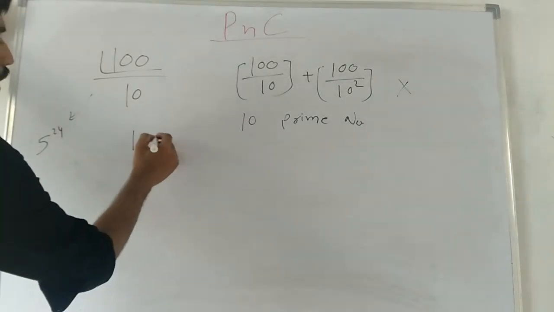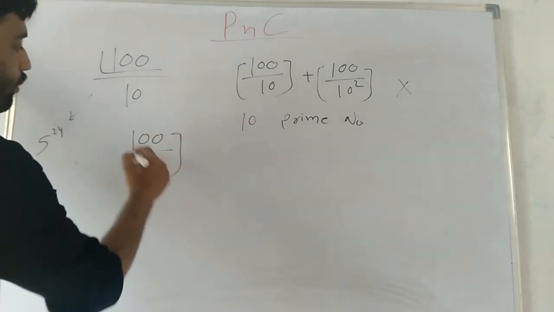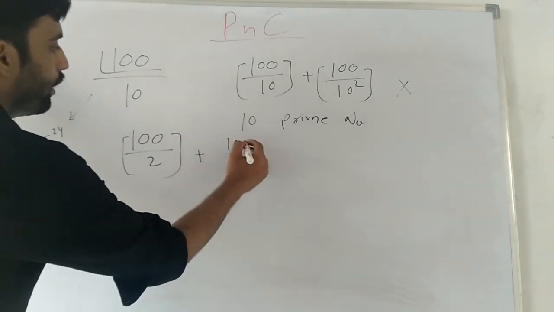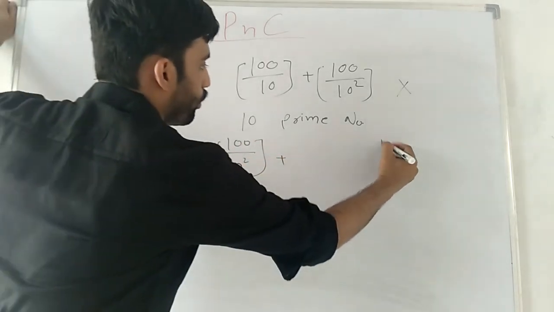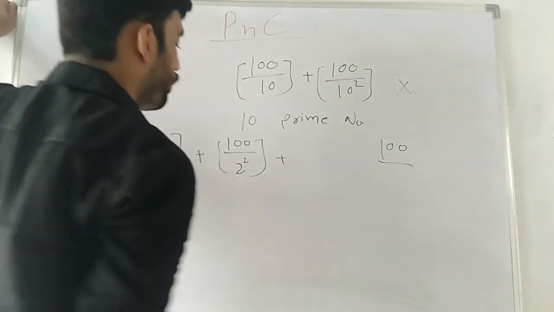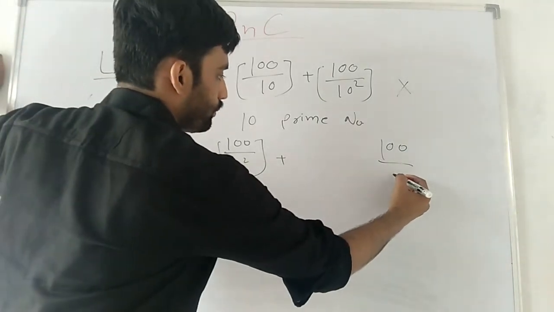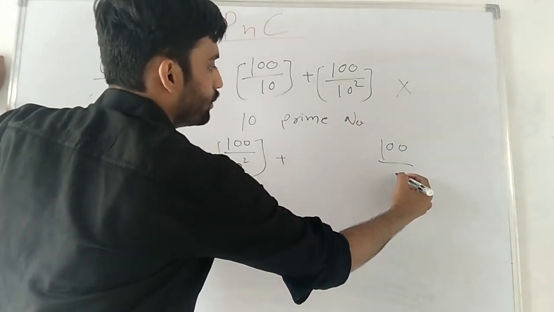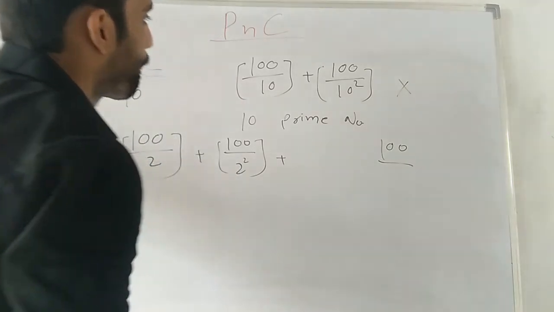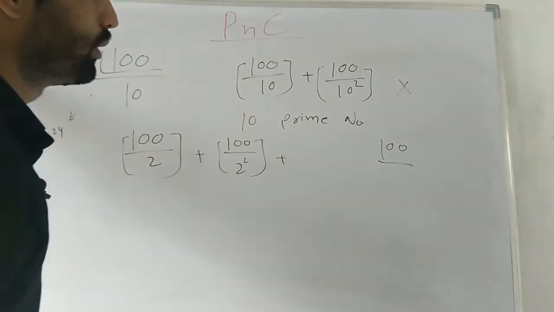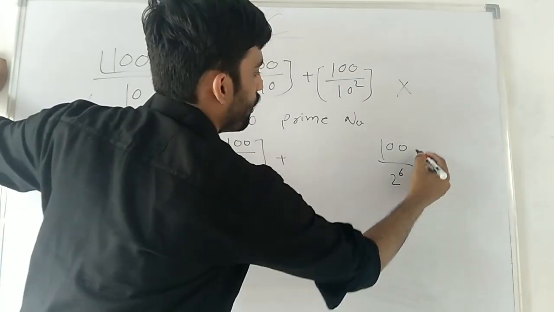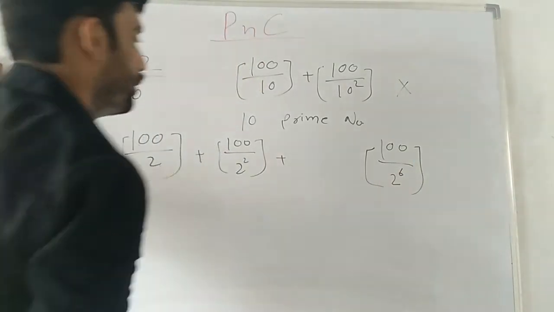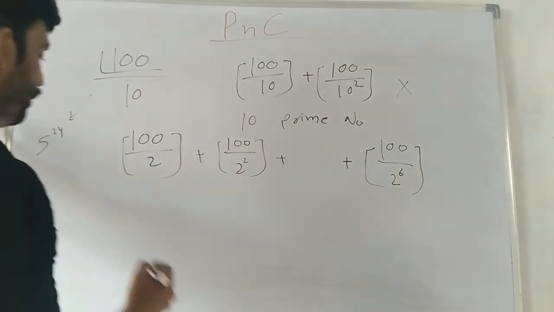Now writing the same: 100 upon 2 plus 100 upon 2 to the power 2 plus 100 upon 2 to the power 3, and so on up to 2 to the power 6, which becomes 64.